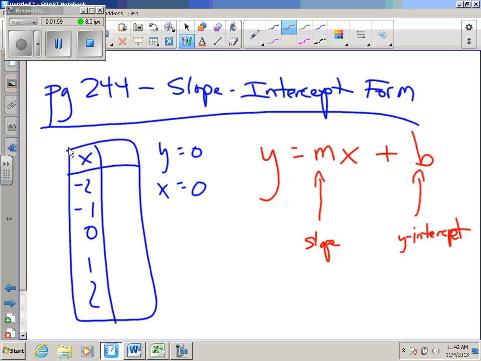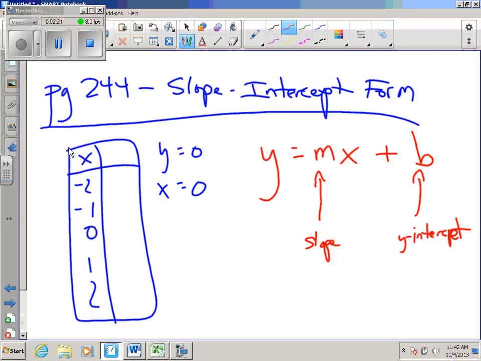If you have to put a formula into slope-intercept form, there's really not much to it because you've already done that where you've solved equations for y. Remember that? You solved equations for y before? So it really shouldn't be that huge of a deal.